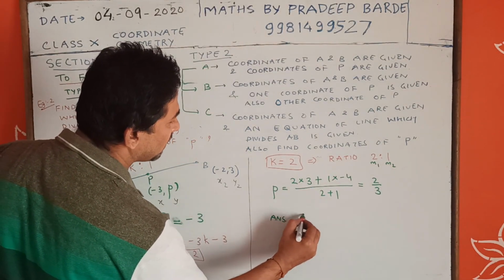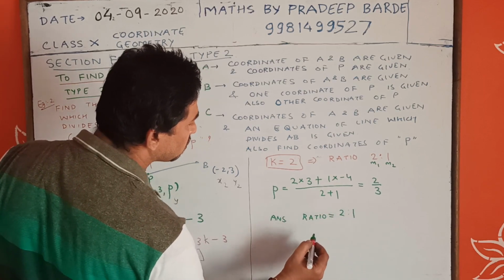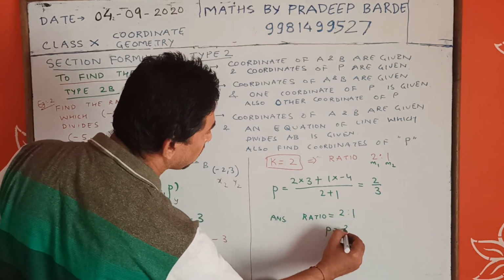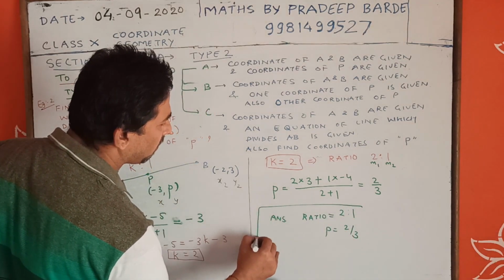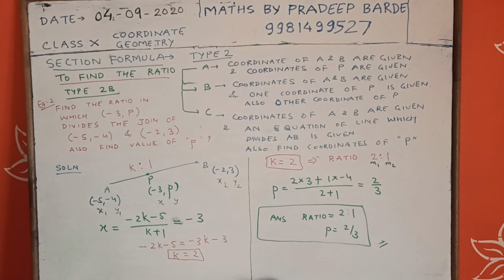So the answer is, ratio is 2:1 and p is equal to 2 upon 3. This is your final answer, students.